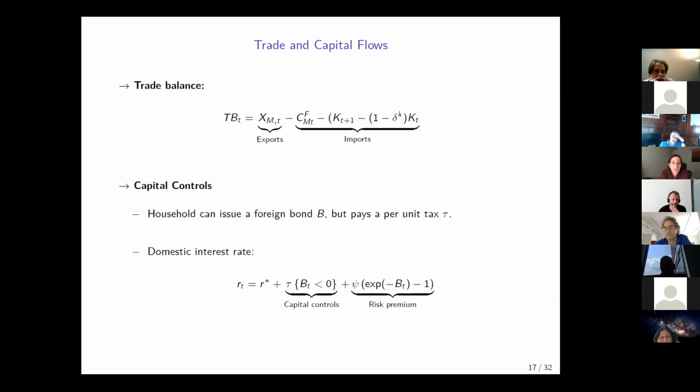Okay, isn't there a bit of a hole between your model and the data in the intermediates? I think Hungary did import a lot of intermediates. But if you are using the value added, you're taking out the intermediates when you're calculating things in the data, and that's the way we did it. If we wanted not to use value added, then I would have to include also intermediate goods in the model.